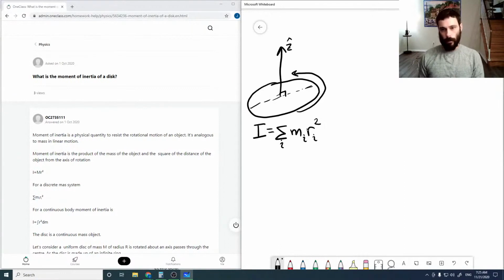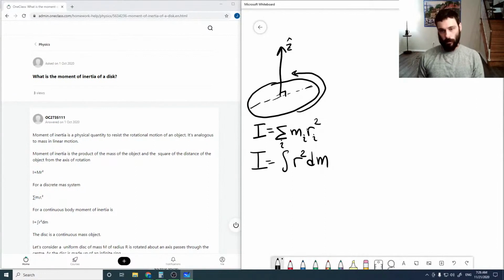But for a continuous mass, such as this disk, then we're going to use the integral like this. So you integrate over the entire mass, multiplying by the square of the distance from your moment. To solve this, we need to know what our mass is.